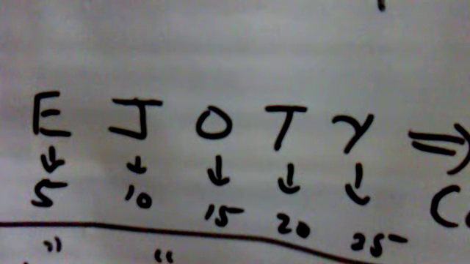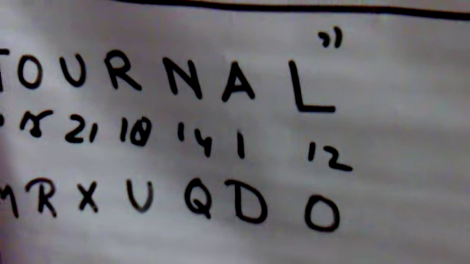The value of A is very simple, the alphabets begin with A, so the value of A is 1. And the value of L comes 2 after J, that is J, then K, then L. The value of J is 10, then the value of K would be 11 and the value of L would be 12.